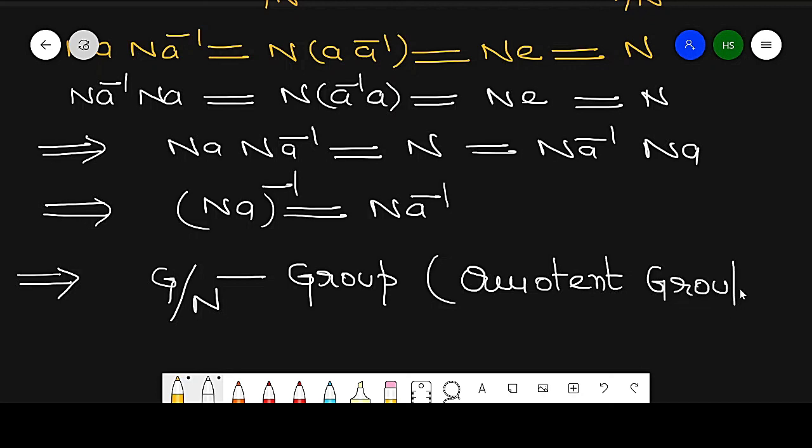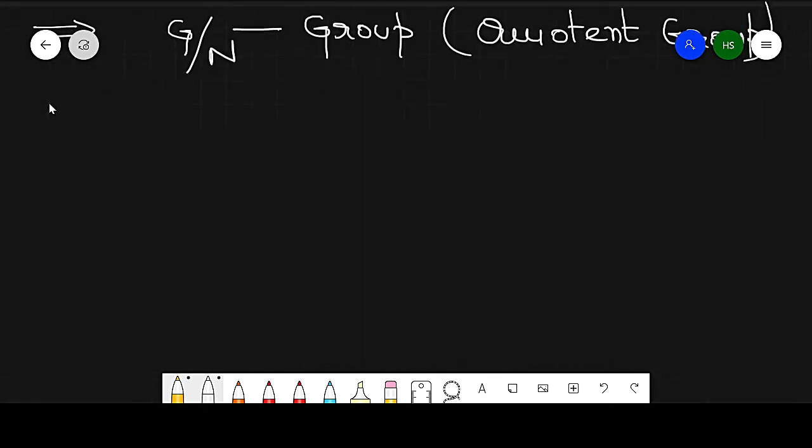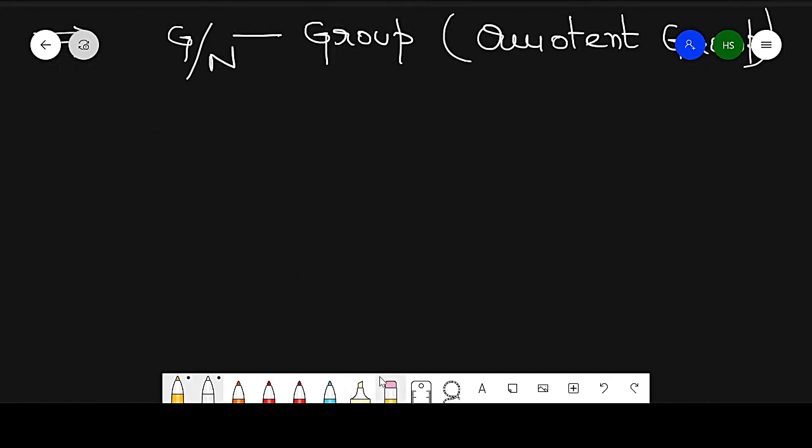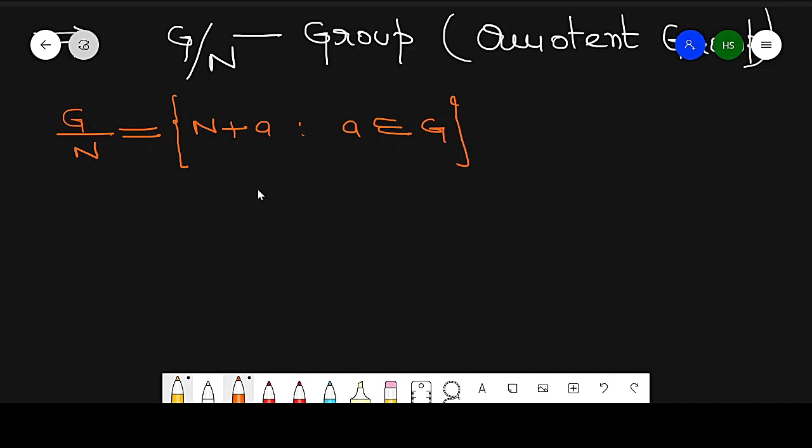Here it is a quotient group under multiplication. If the binary composition is addition, then G/N is of this type, because in additive notation the coset is N plus a, such that a belongs to G. So G/N is under addition as the binary composition.